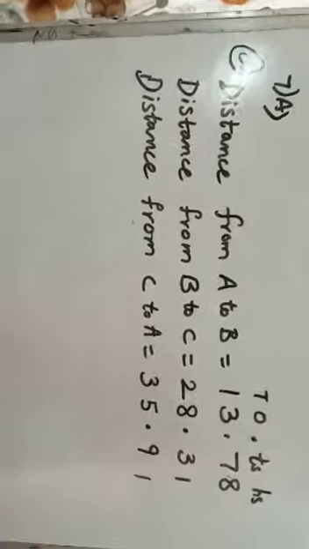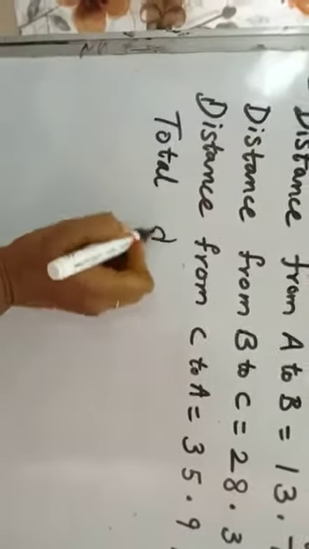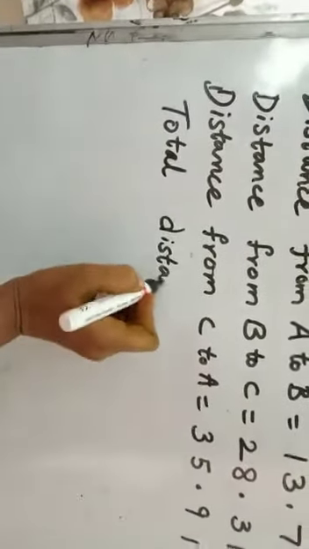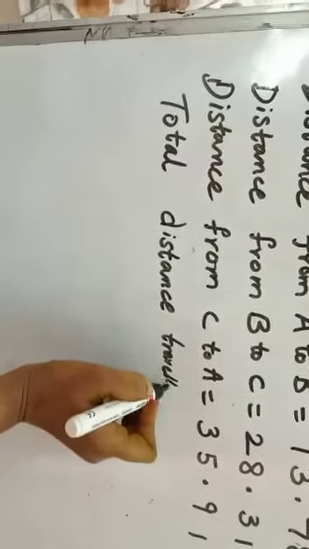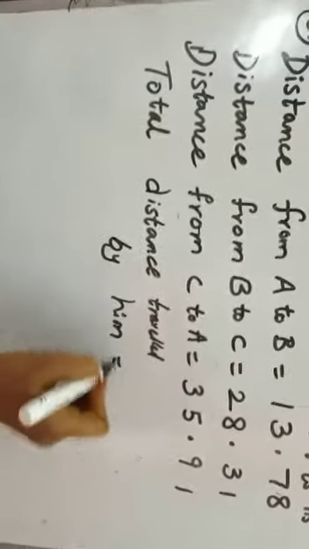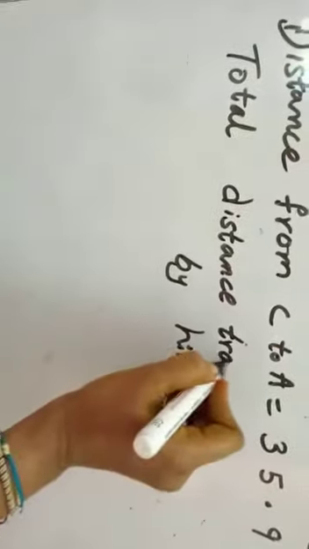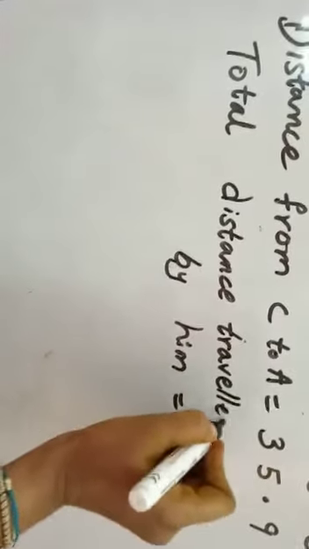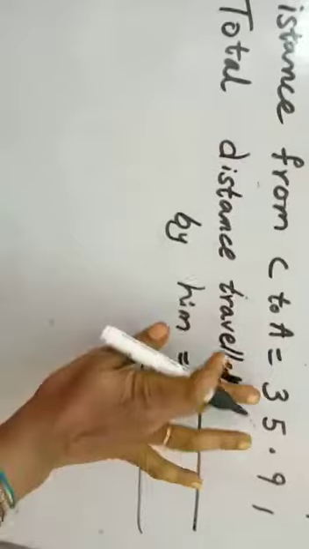Okay, now total distance traveled by him is equal to total distance traveled by him. So do the addition.